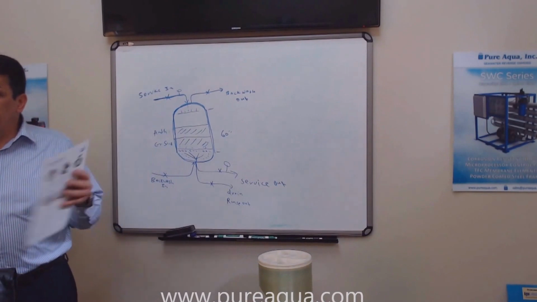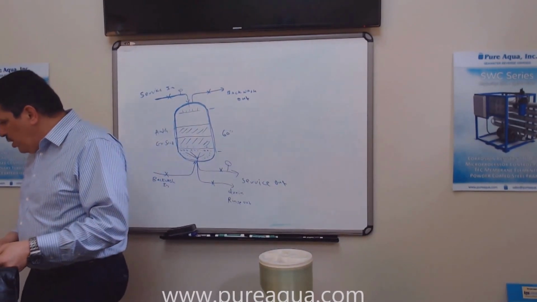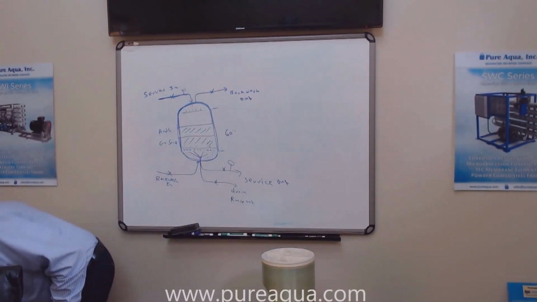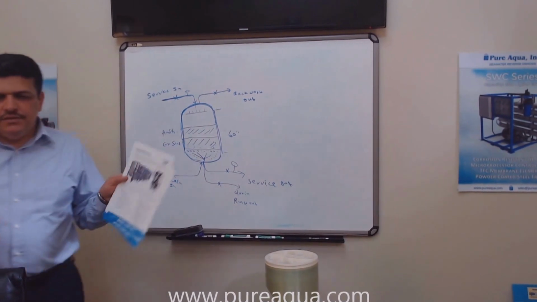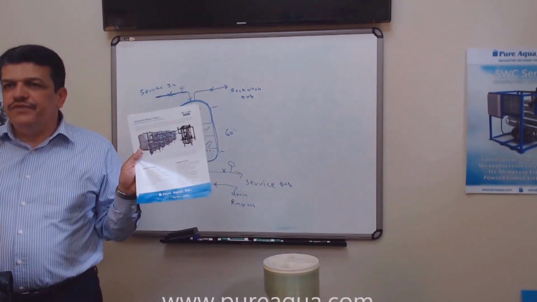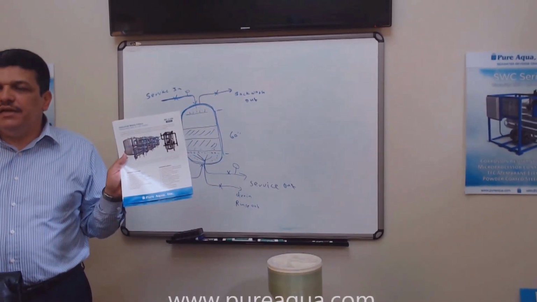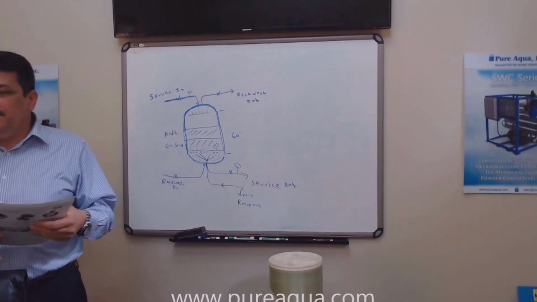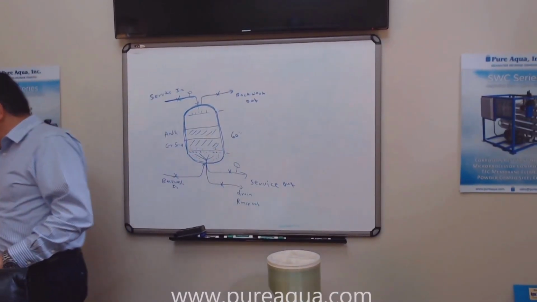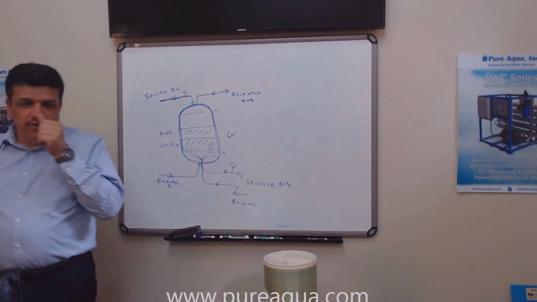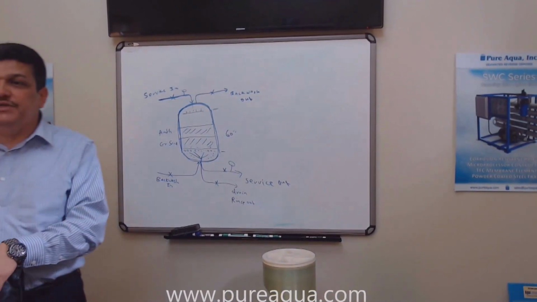They can be epoxy coated, or they come in stainless steel. So we have 3 different types of tanks: epoxy coated steel, stainless steel, which could be 304 or 316, or the last type, which is fiberglass.